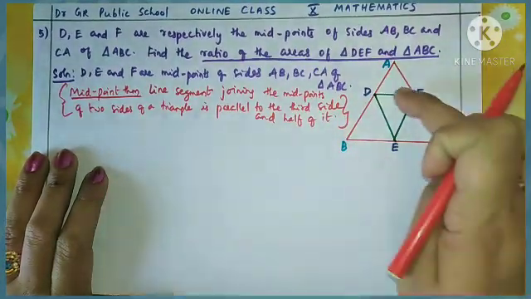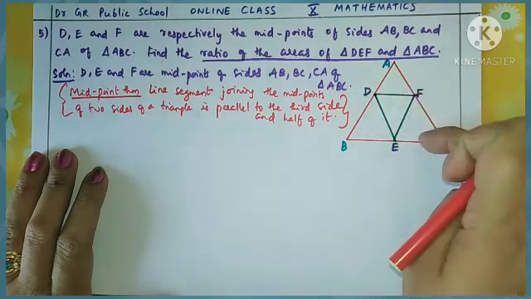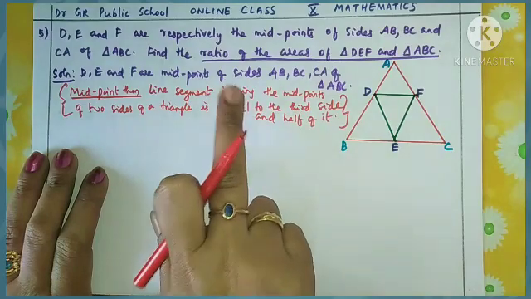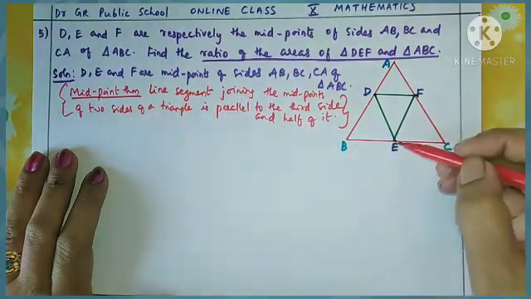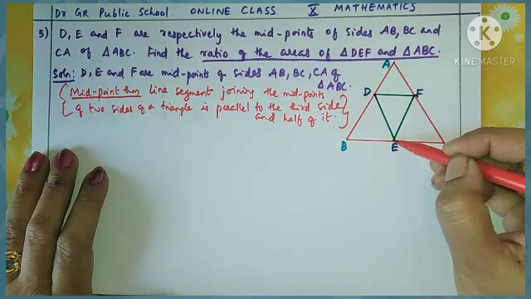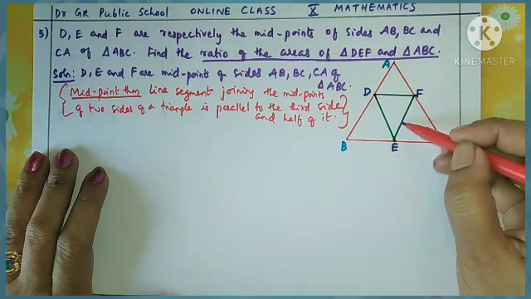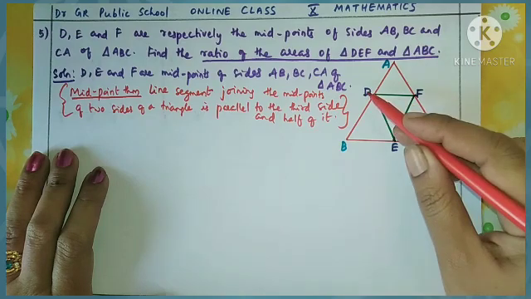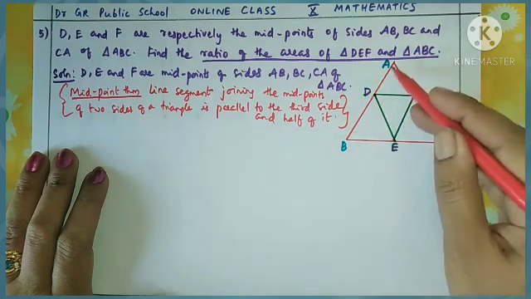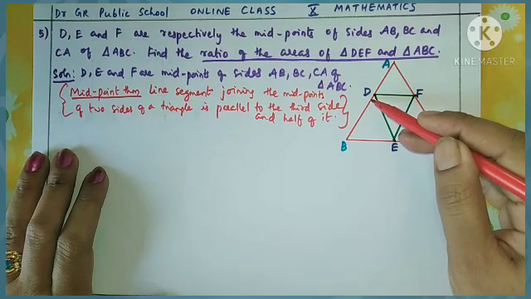Because D, E and F are given as the midpoints of the three sides, we are going to use this theorem, that is the line joining the midpoints of the two sides. If you take this EF, the line joining the midpoints of two sides, then this line will be parallel to the third side, that is AB. EF is parallel to AB and also half of AB.